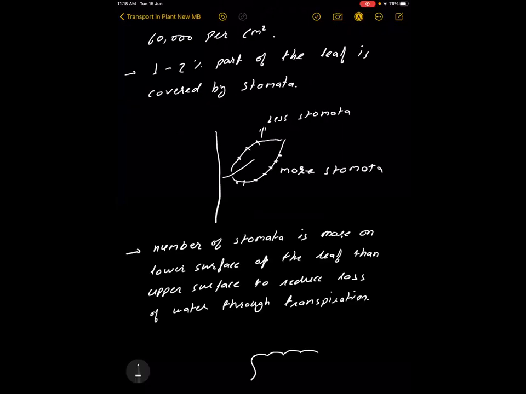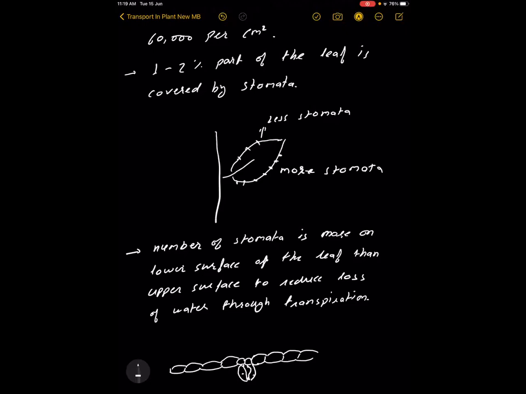These are the guard cells, which are covered by subsidiary cells also. Here the guard cells are on the inner side, deeply embedded. So there is no direct loss of water, because they are covered by these subsidiary cells.